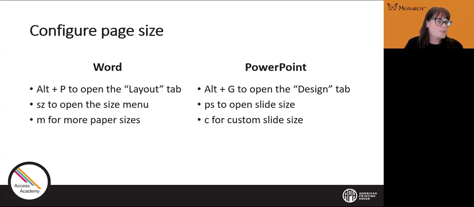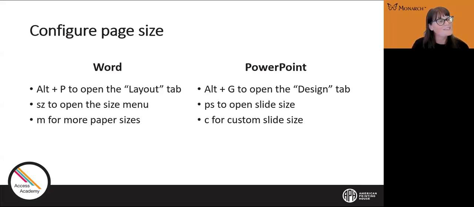So the first thing you want to do is configure your page size. A normal Braille page is typically not the same size as a page that you would bring up in a basic Word document. So you can actually change the page size in a Word document, and you can change the slide size in a slideshow. That allows you to print in a page size rather than the other way.